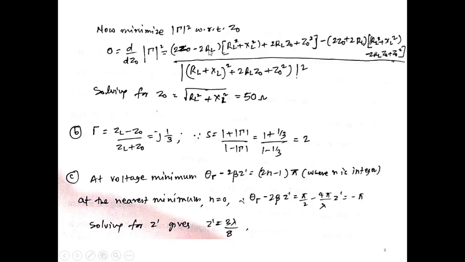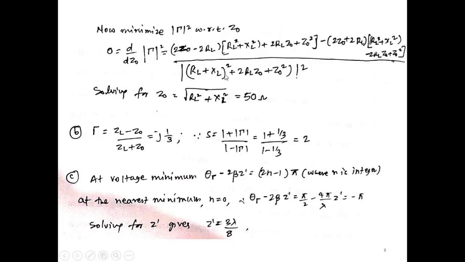Then this is of the form U by V. Then we have to find U dash V minus V dash U whole divided by V square. Then we get U dash is 2 Z0 minus 2RL, and V is RL square plus XL square plus 2RL Z0 plus Z0 square, minus U as it is, V dash is 2 Z0 plus 2RL, whole divided by V square.